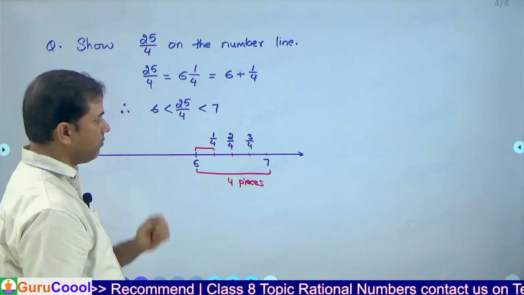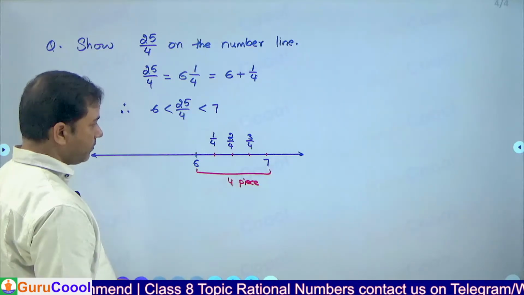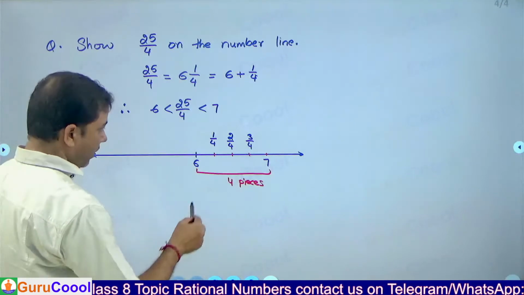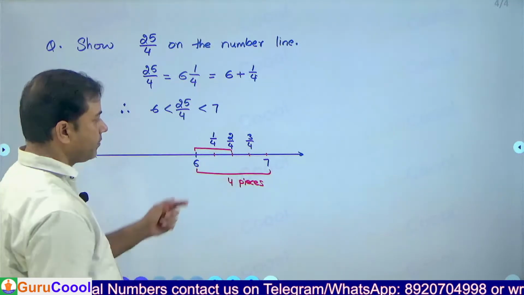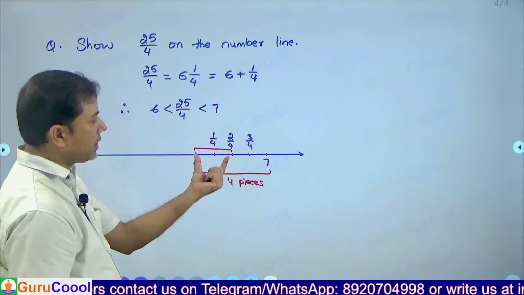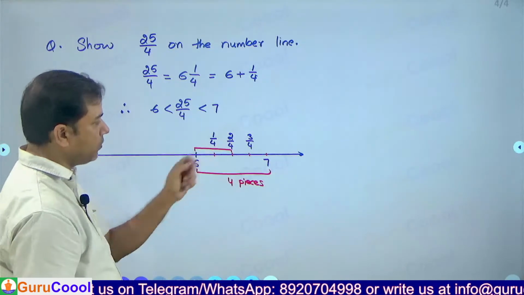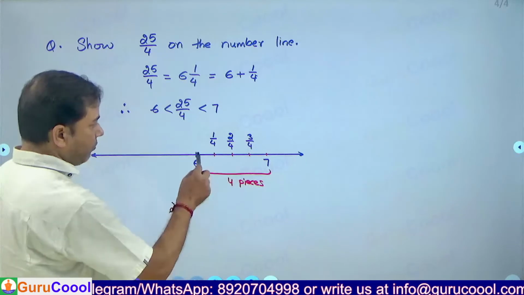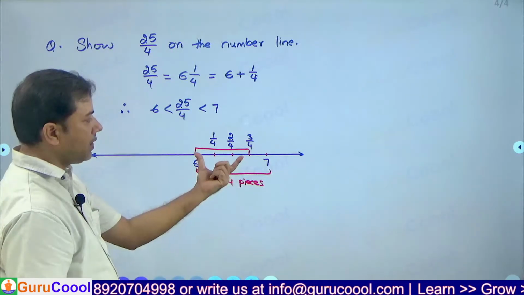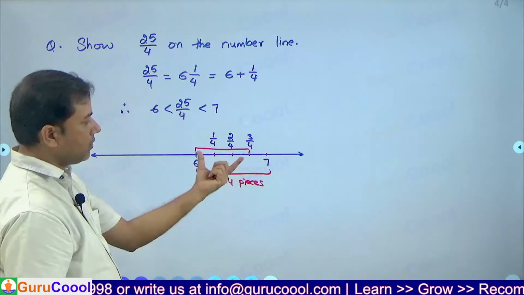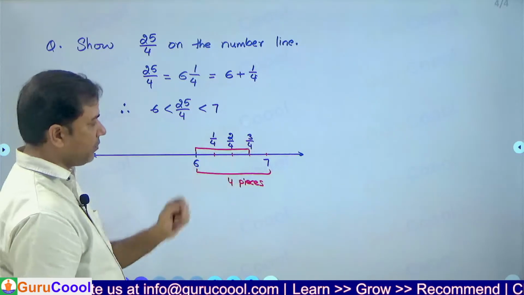That's why it is 1 by 4. If we take this part from here to here, that means we have taken 2 parts out of 4. That's why it is 2 by 4. If we travel from here to here, that means we have taken 3 parts out of 4. That's why this point represents 3 by 4.